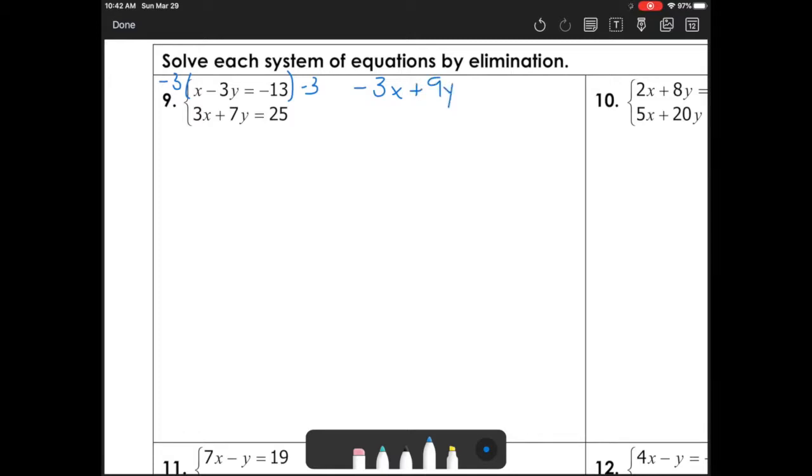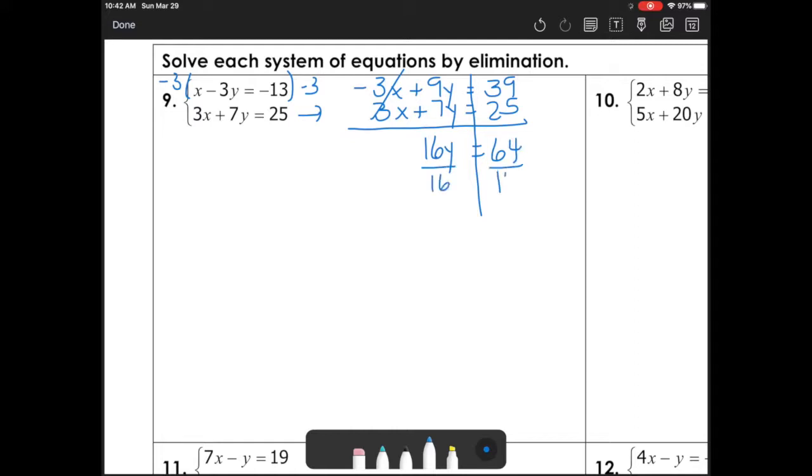Then I'm going to put the second equation under it. And you can see your zero pair right there. So 9y plus 7y, 16y. This is going to be 64. And y is equal to 4.